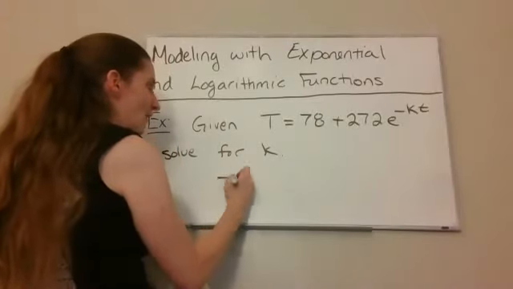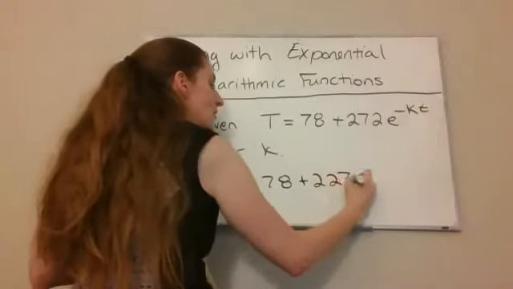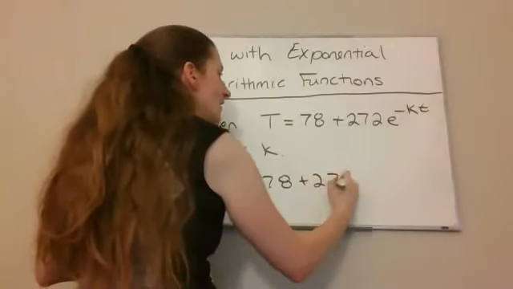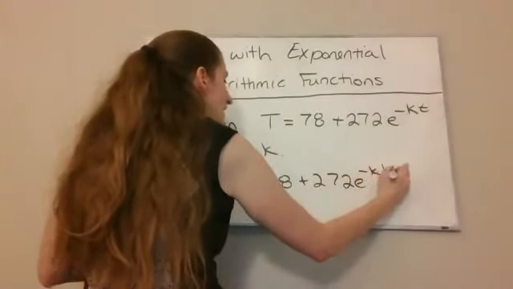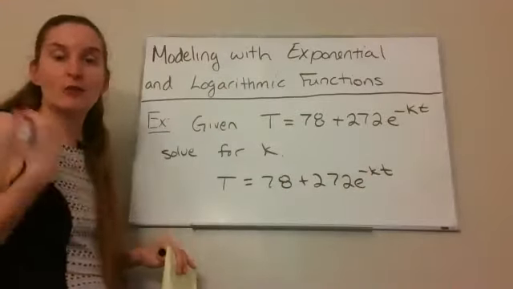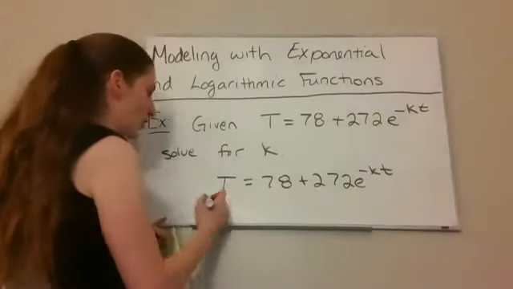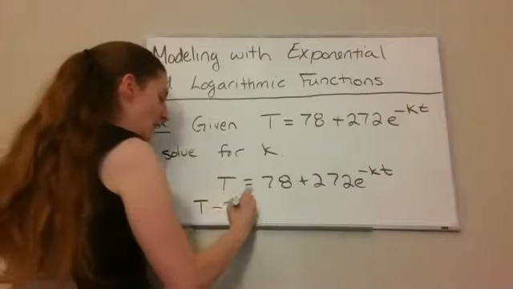So if I have T equals 78 plus 272 e to the negative kt, this is an exponential equation, and we know from our last video we need to get the exponential term by itself. So I'm going to start by subtracting 78 from both sides of the equation.